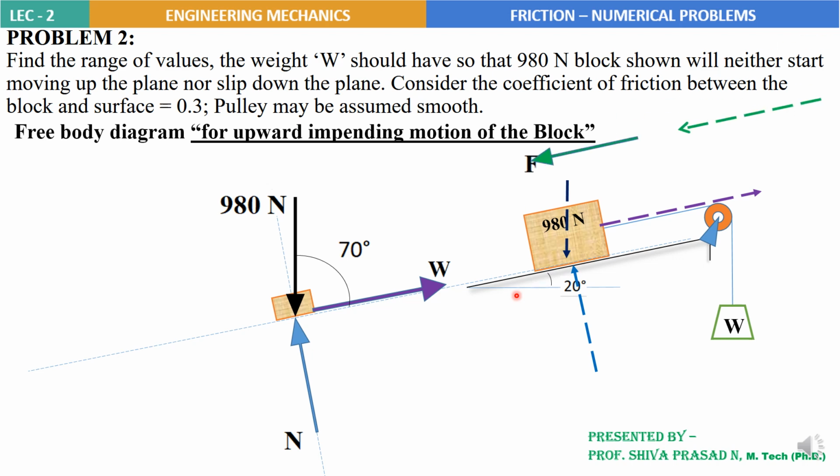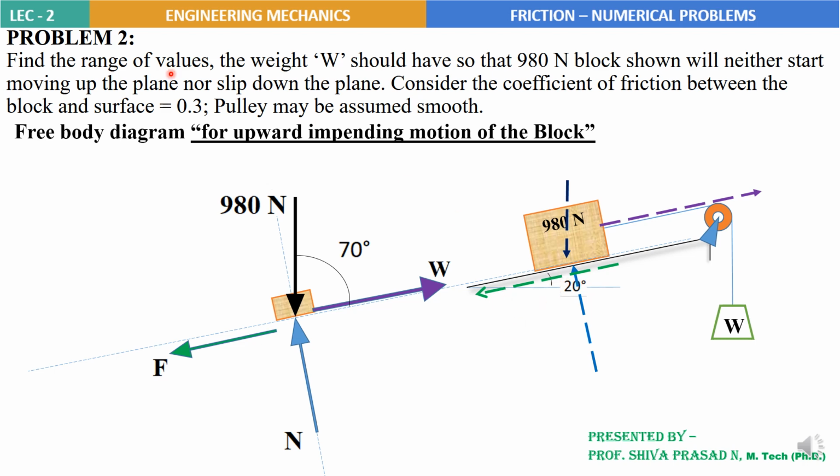So on the left side we can mark the friction force. So this is the free body diagram for the case of upward impending motion of the block, that is, will neither start moving up the plane. For that the friction force is in the opposite direction, that is the left side.